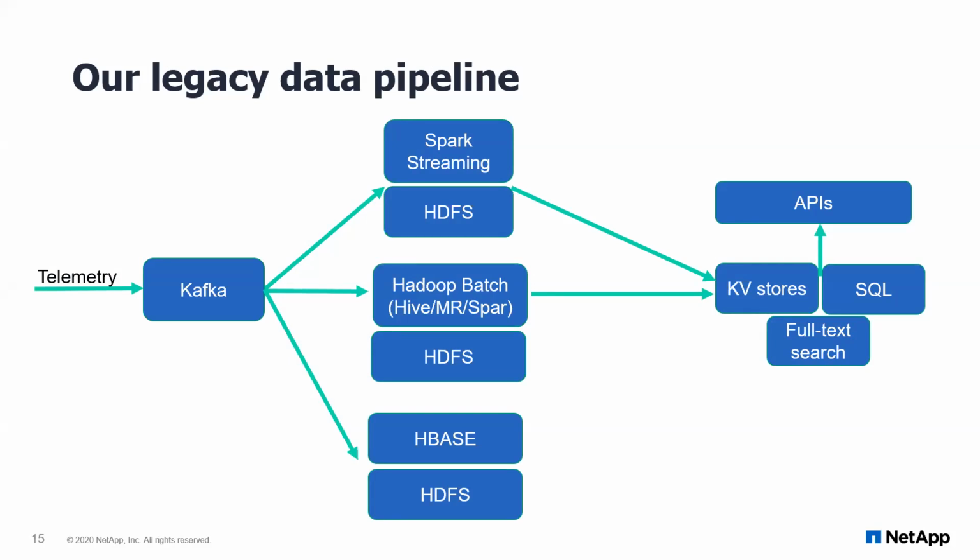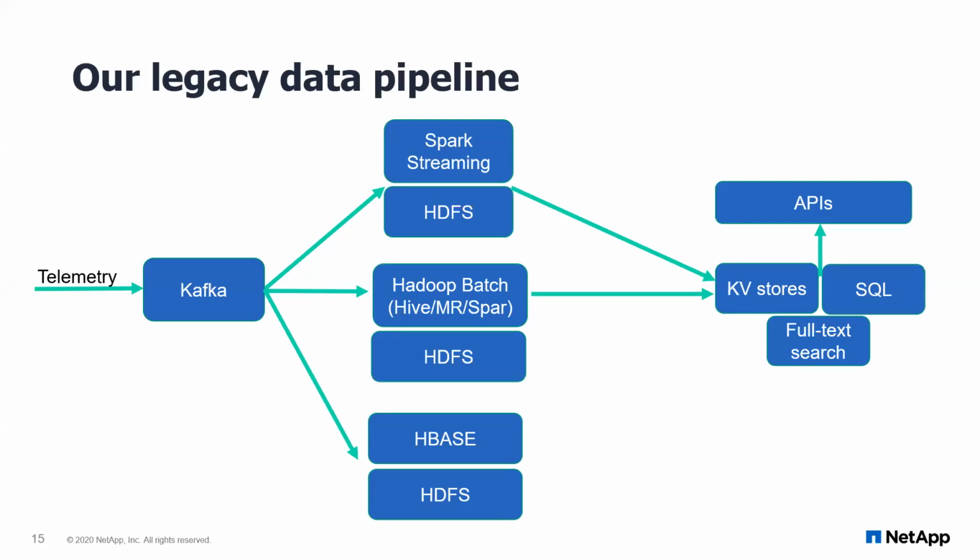And we would then take all this incoming data, which fed into Kafka, process it in one of these 3 Hadoop clusters. And in reality, there were more Hadoop clusters, for POCs, QA, pre-production, and so on. So we actually had quite a few Hadoop clusters. And we would then take all of this data, transform it in these clusters, and write the output to a variety of key value stores.